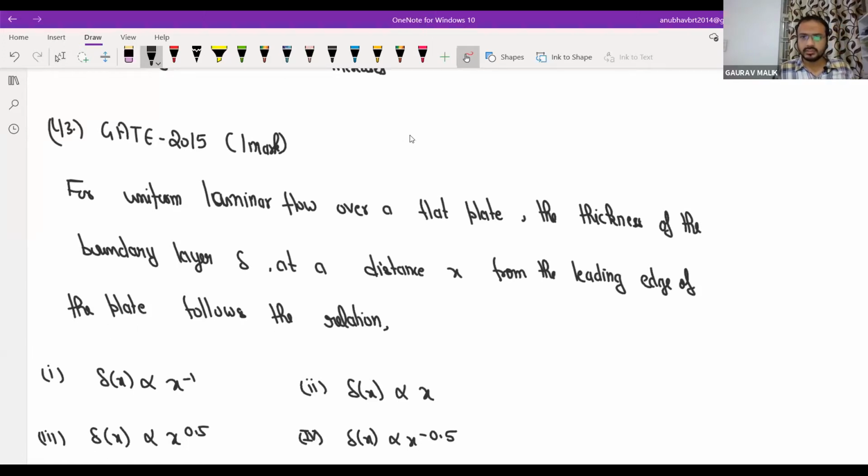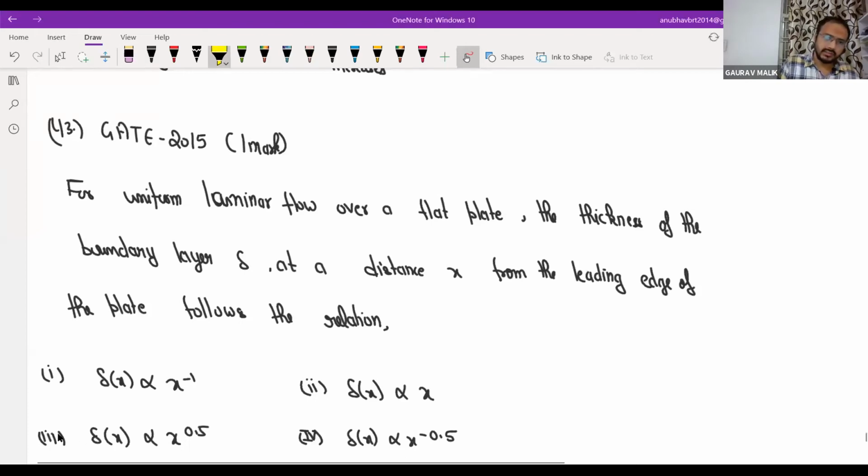The right answer of this question is, very good, C is the correct answer. Again 1 mark, easy marks. Third one is the correct one.